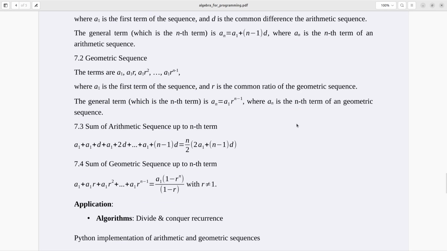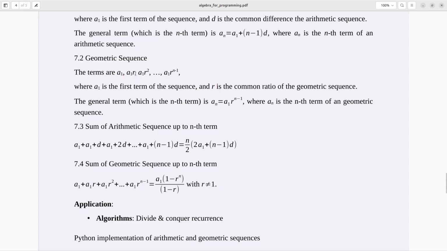Another sequence is called a geometric sequence. The terms are a1, a1r, a1r squared, and so on until we reach a1 times r to the power of n minus 1. So a1 is the first term, and r here is the common ratio of the geometric sequence. How can we obtain the common ratio? We can divide a term by the term just before it.